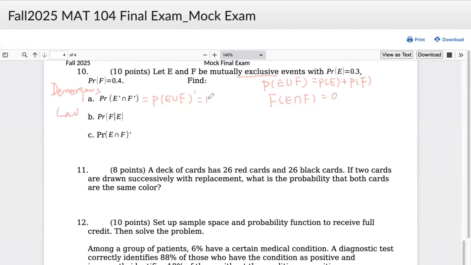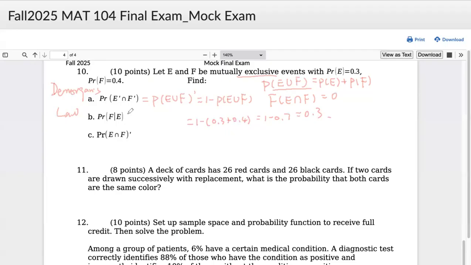So that's 1 minus the probability of E union F. The probability of the complement and the probability of an event add up to 1, so the probability of a complement equals 1 minus the probability of the event. And then for the probability of E union F, just add those two: 0.3 and 0.4, which is 0.7. 1 minus 0.7 gives 0.3.